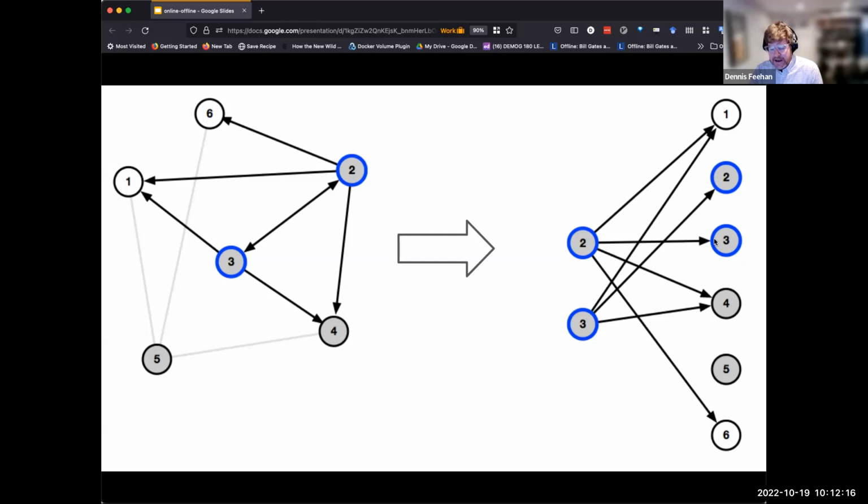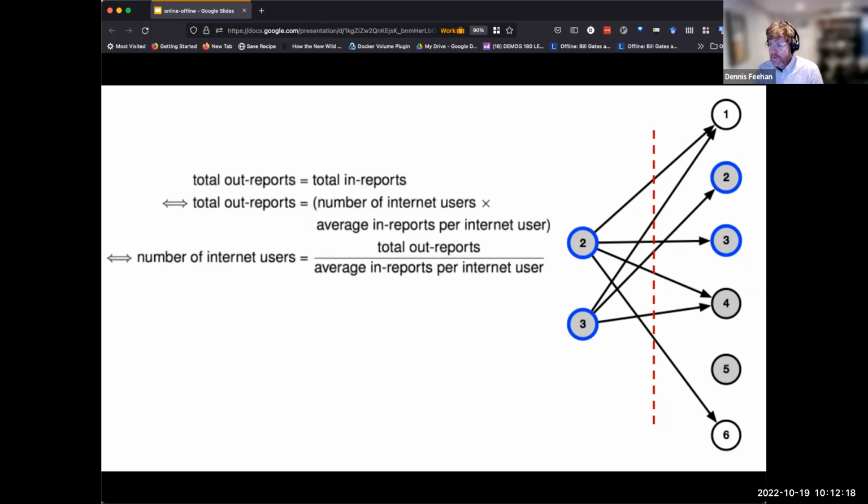And that helps drive home the point that there is an identity that has to be satisfied in this network. There are different ways you can think about it, but I like to think of it as the total number of out reports. In other words, the total number of reports that leave the left-hand side has got to be equal to the total number of reports that arrive at the right-hand side.